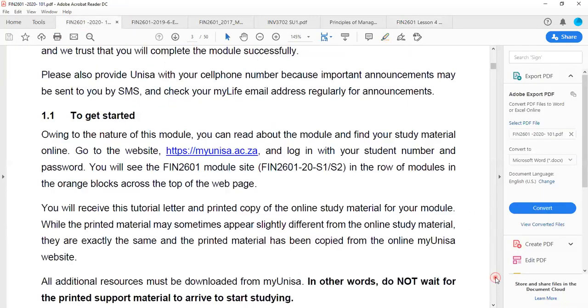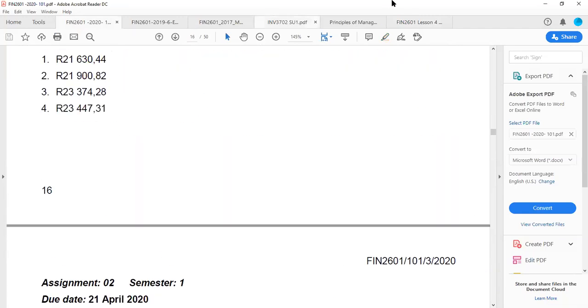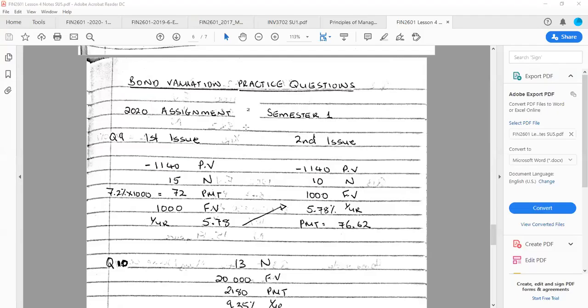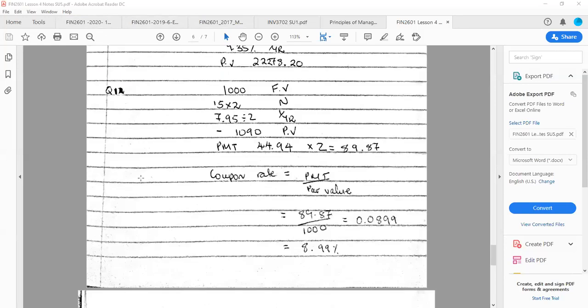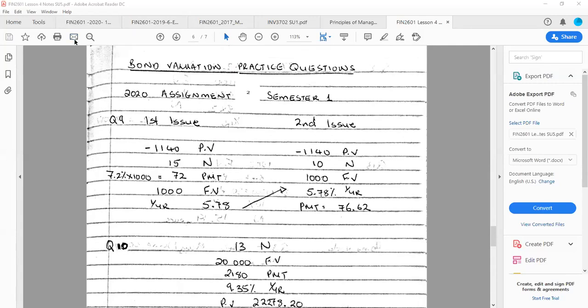The first questions we'll look at are actually from assignment 2. Okay, that's my mistake there, I'll fix it. So I was saying we want to look at some questions from the 2020 assignment 2, semester 1. I'll take you through questions 9, 10, 11, 12 and 13, and then I'll give you some homework.